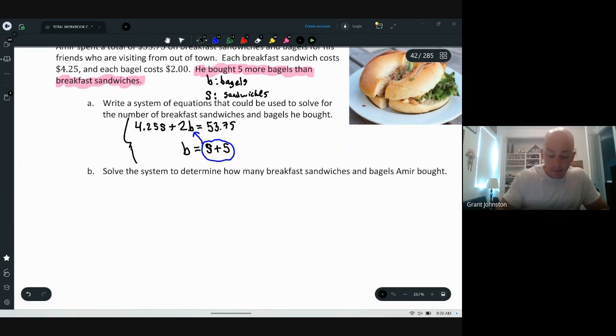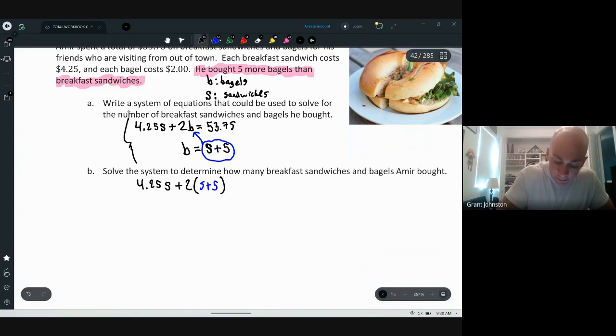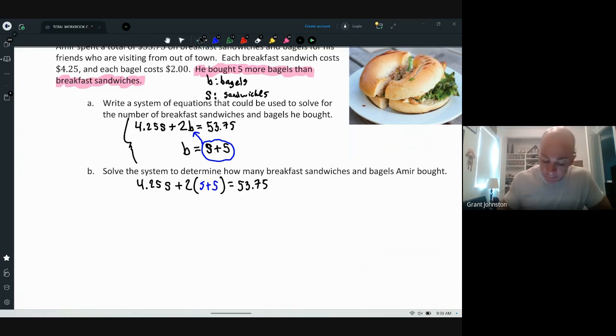So I'm going to have 4.25S plus 2 times S plus 5 equals 53.75. I'm going to distribute the 2. That would be 2S plus 10 equals 53.75.